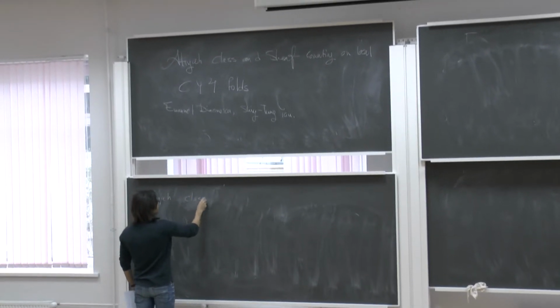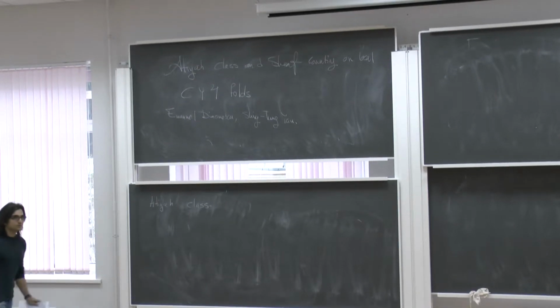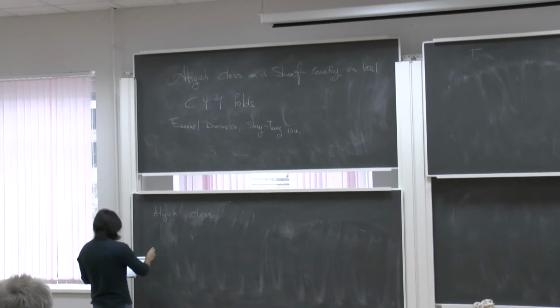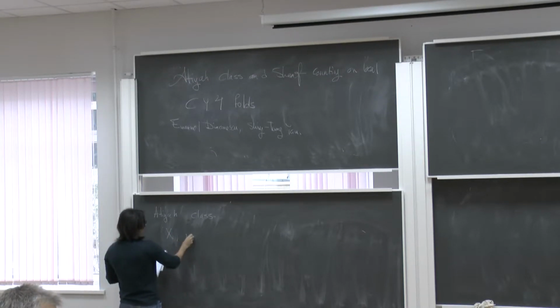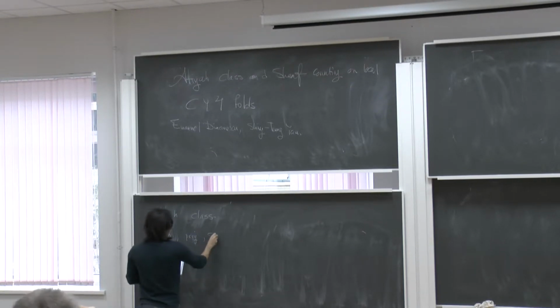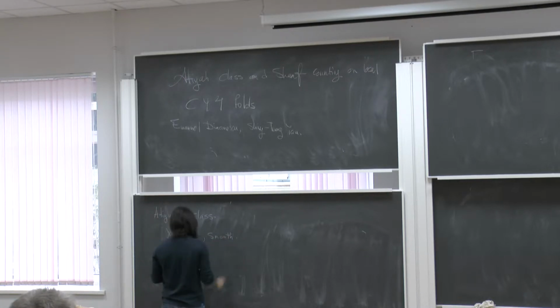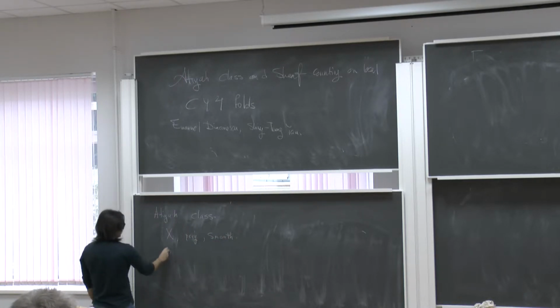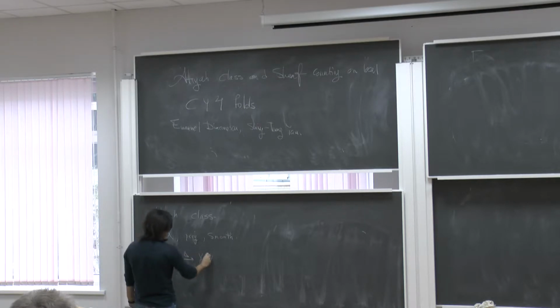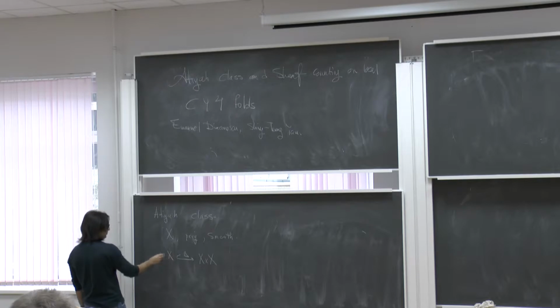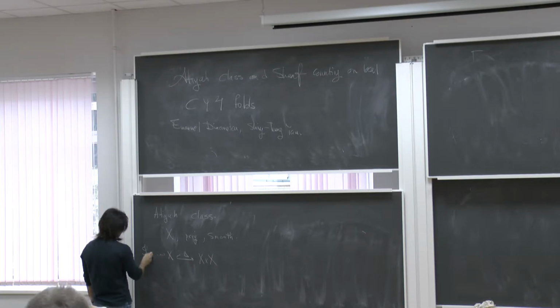This is the classical Atiyah class which was discussed yesterday by Vadim. We start with some variety X, projective and smooth. We would like to consider the diagonal embedding of X inside X times X, and we associate the ideal sheaf with the diagonal.